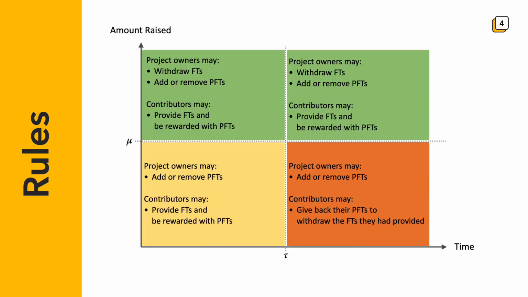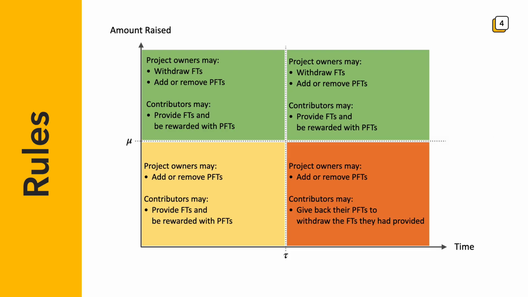These rules can also be displayed in this more graphical form. In this chart we have the time on the horizontal axis and the amount raised on the vertical axis. As you can see, at any time, if you have raised more than the minimum amount, those are the actions that project owners may perform and that contributors may perform.